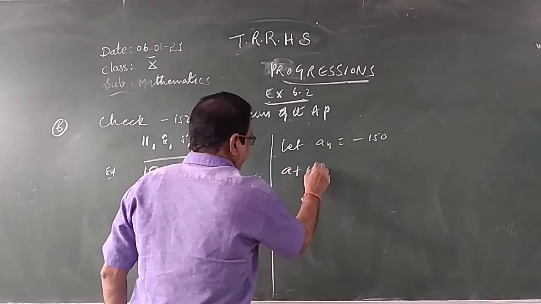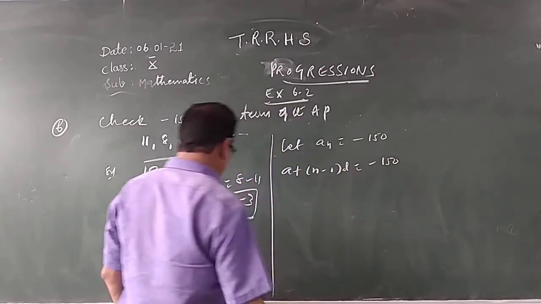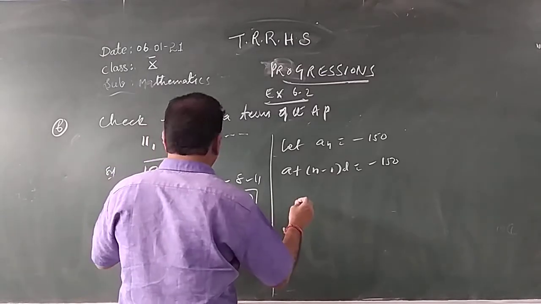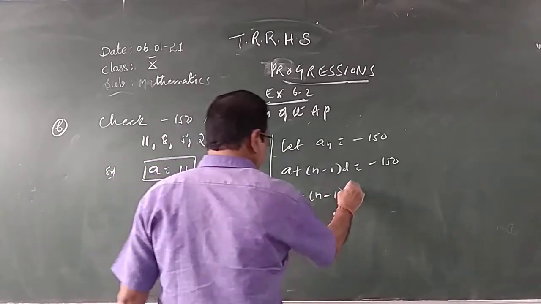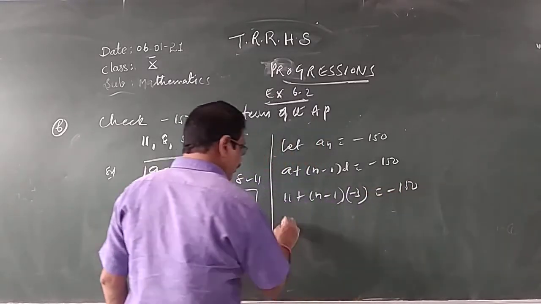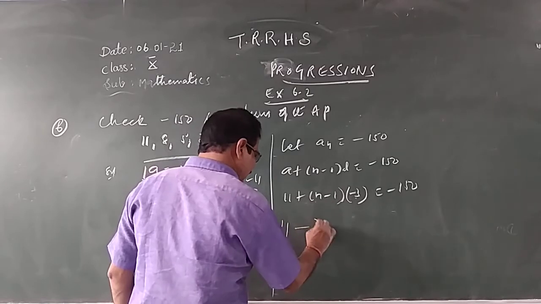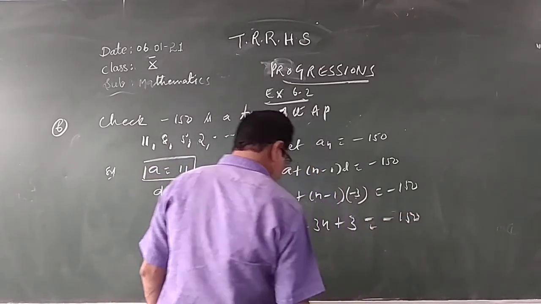The an formula is a plus n minus 1 times d, equal to minus 150. So a value is 11 plus n minus 1, d value is minus 3, equal to minus 150. So 11 minus 3n plus 3 is equal to minus 150.